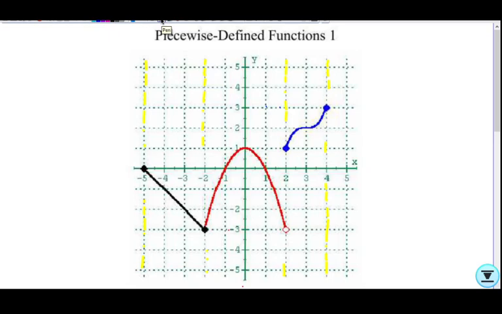Okay? So look at this linear piece. From -5 to -2, my function is going down. The y values are getting smaller. So this is decreasing.